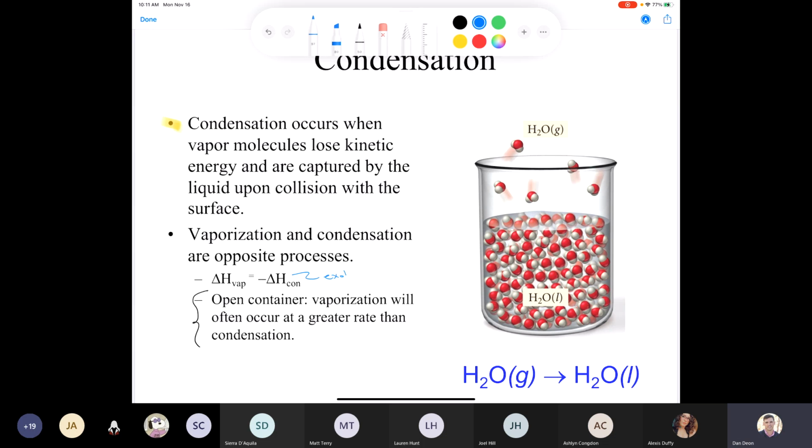And so it is exothermic. Heat will be released. You know this if you've ever had steam come into contact with your skin. If anybody's ever been burned by steam, what happens when the steam hits your skin? Not only does it condense the water, but it releases a ton of heat. That's why steam causes such bad burns.